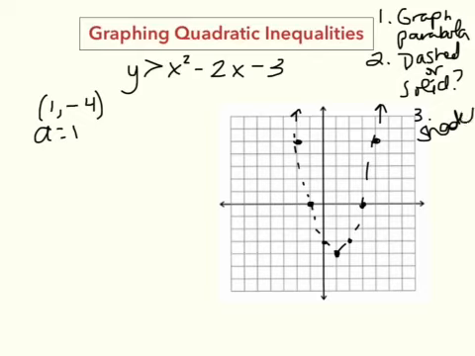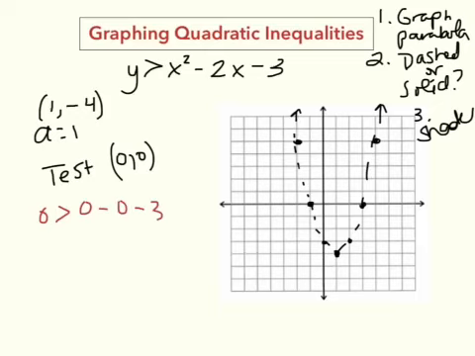The way that we shade here is we want to use a test point. I'm going to use (0, 0) as my test point. It's the easiest. If I plug in 0 for x and 0 for y, that would be a point somewhere in here. I want to know if this statement is true. So y becomes 0, is it greater than 0 squared, minus 2 times 0, minus 3?